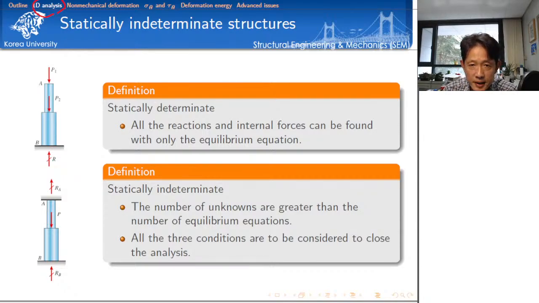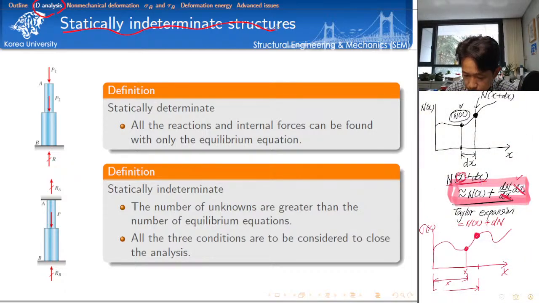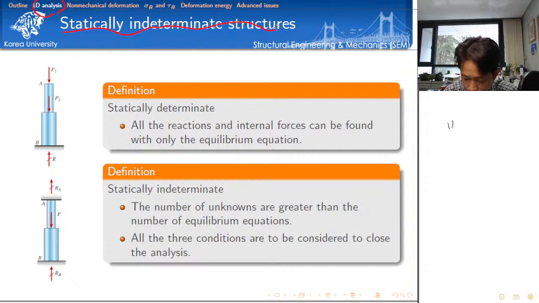All right, the subject that we want to discuss here is statically indeterminate structures. The statically indeterminate structures is called in Korean 부정정 구조물.